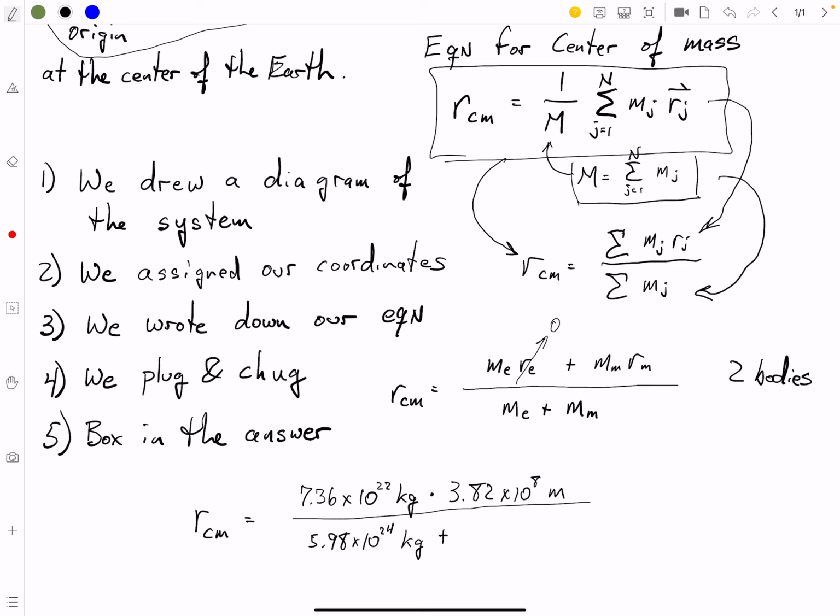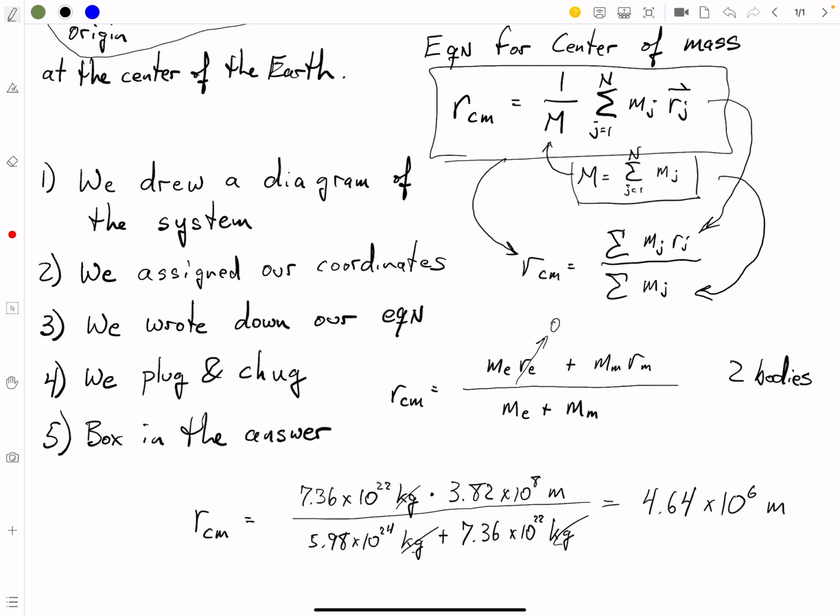And we're going to add that to 7.36 times 10 to the 22 kilograms. Anyway, you'll notice that these kilograms and all these kilograms cancel out, and we're going to end up with nothing but meters. And what does that actually equal? That's 4.64 times 10 to the 6 meters.